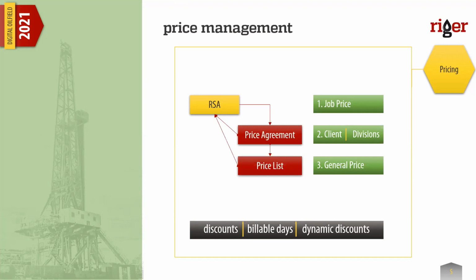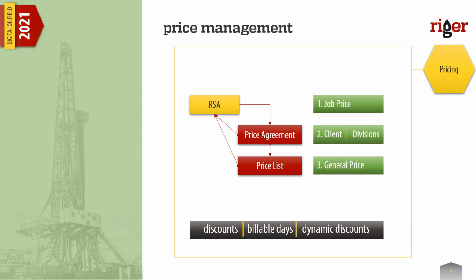For example, the use case may be that you discuss with your customer the prices for the next quarter, or even for the next year, and you want to agree on these prices for the set period of time.